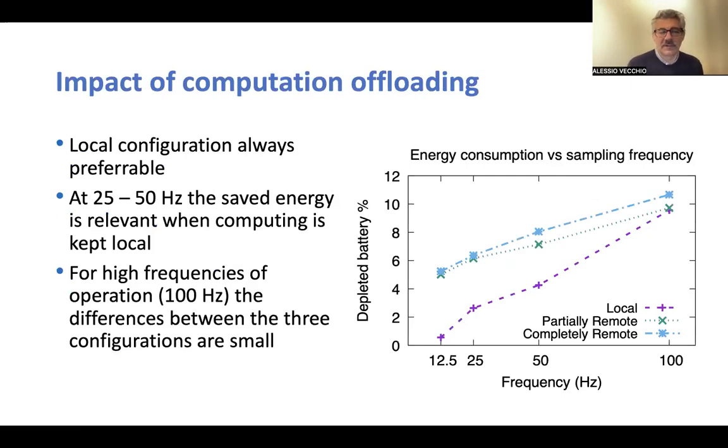And here we have the impact of computation offloading. We can see that the local configuration is always the best one. And in the 25-50 Hertz range, the amount of energy that can be saved compared to the remote configurations, the partially remote or the completely remote configuration, is quite significant.